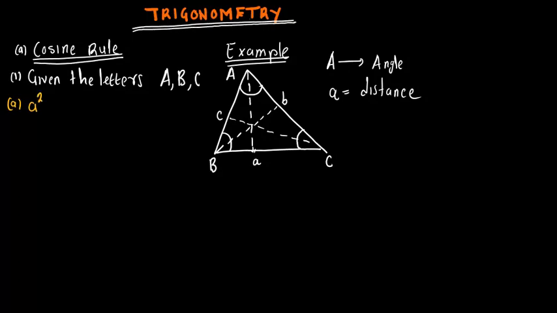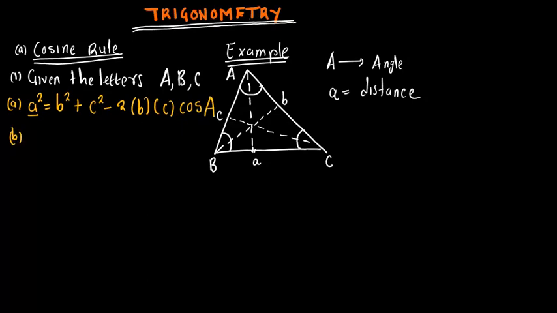Small letter a squared is going to equal small letter b plus c squared minus, then I repeat the same letters, but this time I multiply them. Then this is going to multiply cosine, the letter which I put at first, but this time around using a big letter because I'm symbolizing the angle.